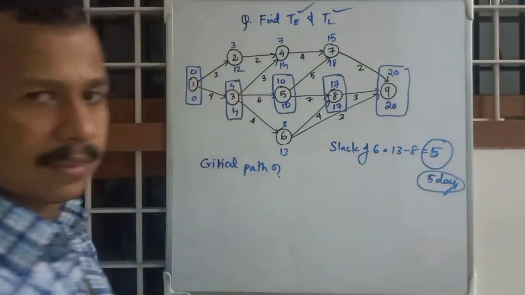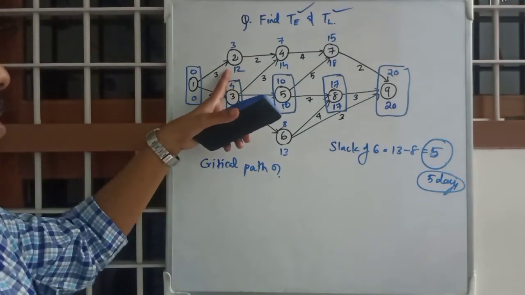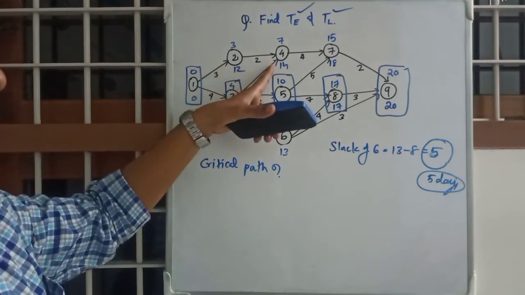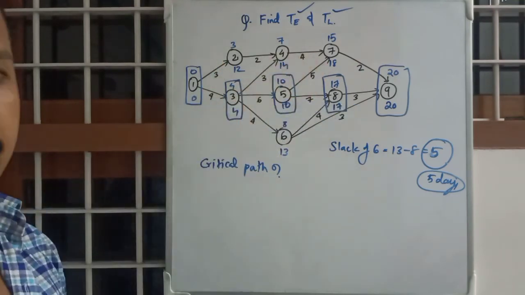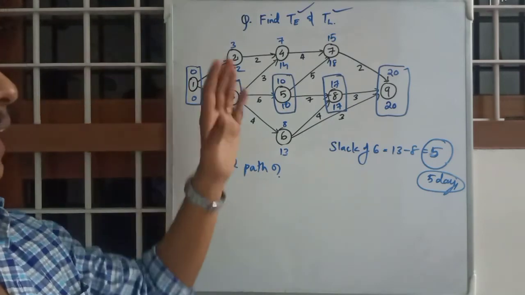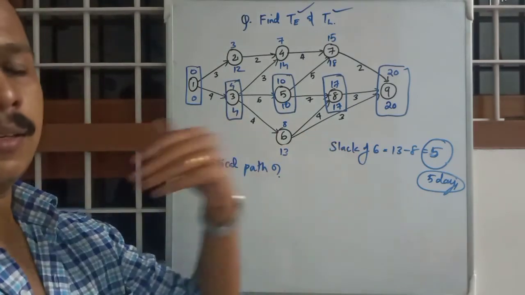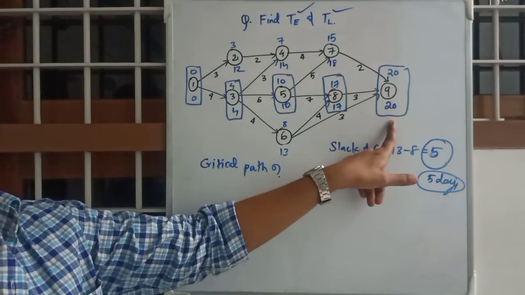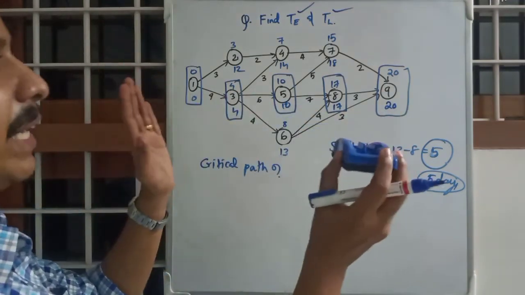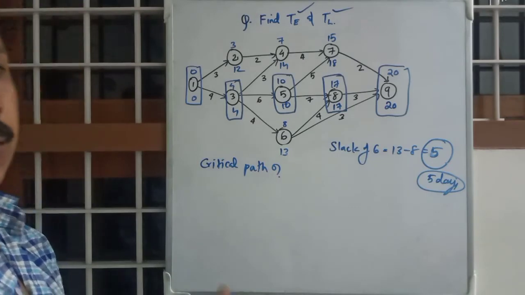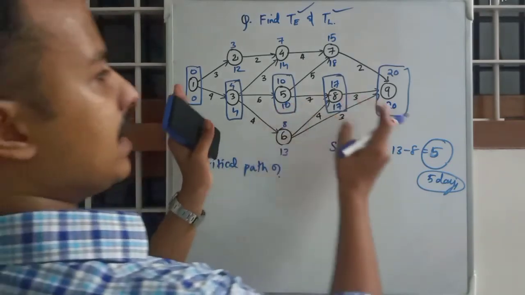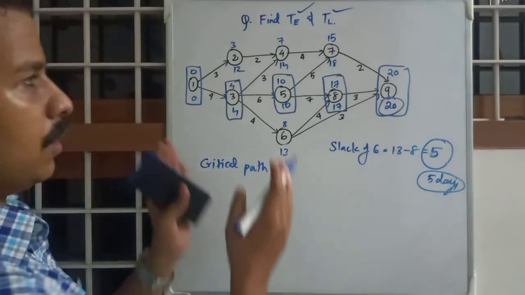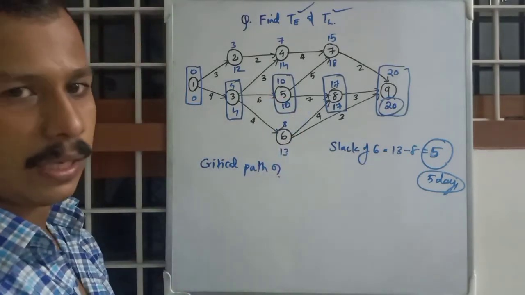Same as activity 2, it is having 9 days slack, this is having 7 days slack, and this is 3 days slack. Those slacks mean you can delay without delaying this 20 days mark. Okay, so total project will be taking 20 days as per our plan. So you don't want to change this 20 days mark. Okay, so we are considering slacks accordingly.